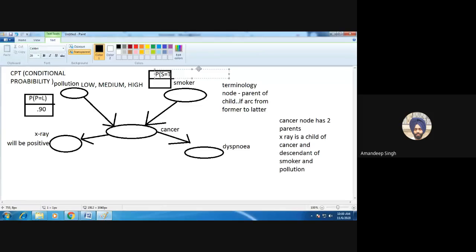This is a Boolean node, that is, it can have the value true or false.